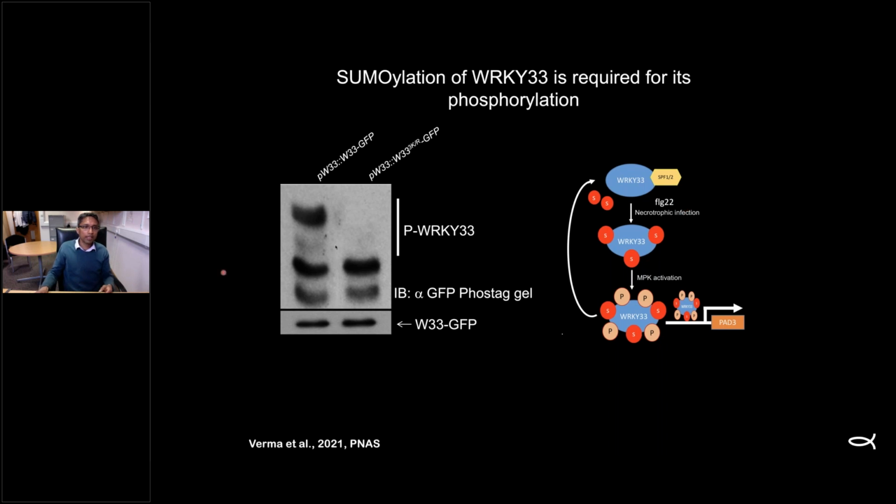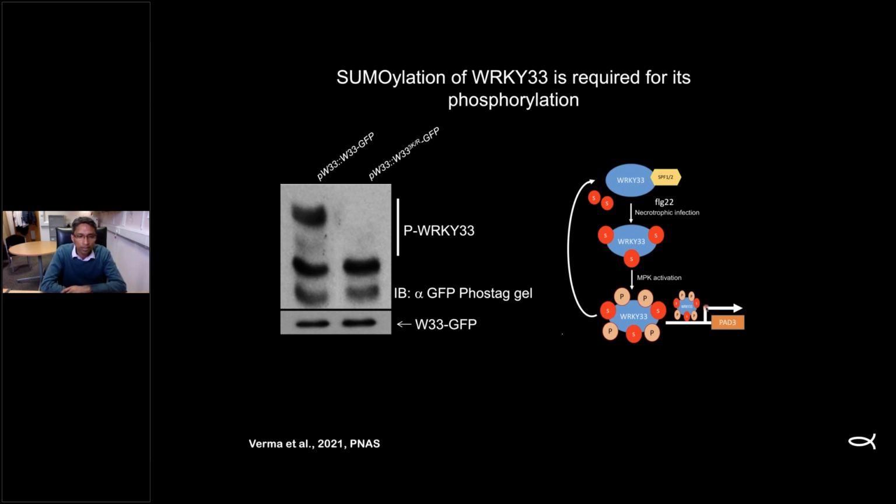That binding allows enhanced phosphorylation of WORKY33. That's what this slide is showing you. This is a phosphatic gel, while the non-SUMOylated form that is not able to bind to MPK3 is not hyperphosphorylated. This phosphorylation linked to SUMOylation then activates WORKY33 transactivation activity and switches on PAD3 transcription.